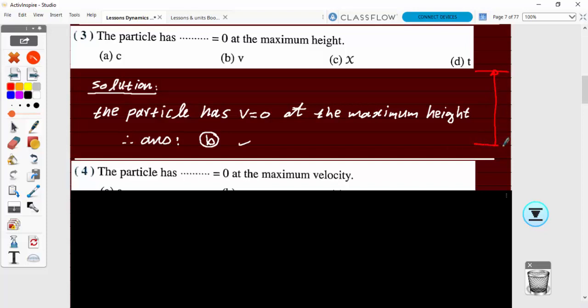Let it start from the ground here, and here is the maximum height, and it will return back once more. So at this position, v equals 0. So you can say the particle has velocity equal 0 at the maximum height, and the answer is letter B.